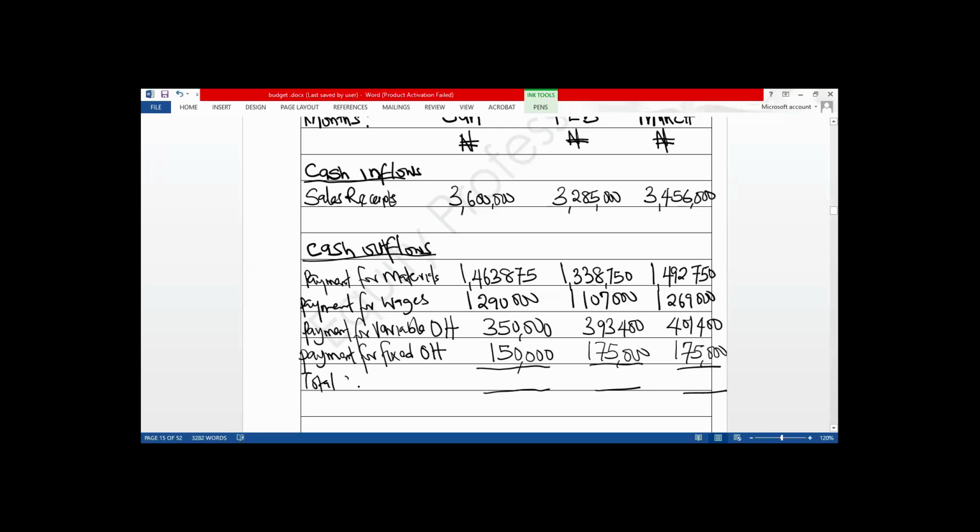Total cash outflow. Cash outflow for January: 3,253,875.